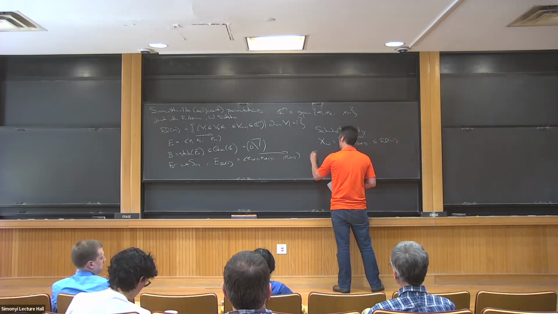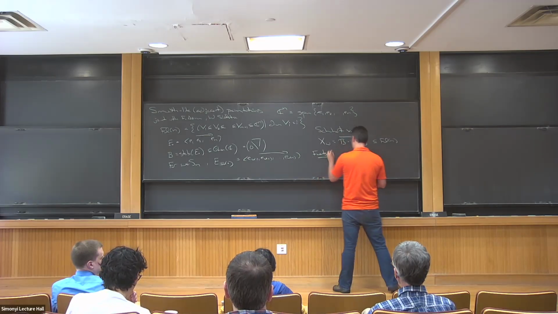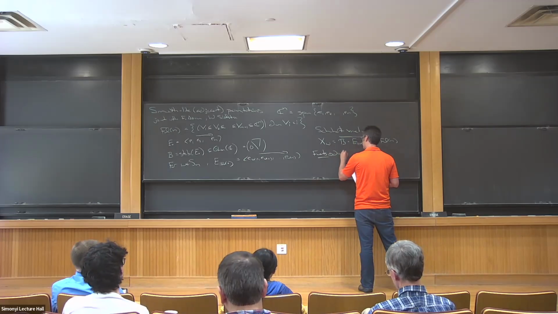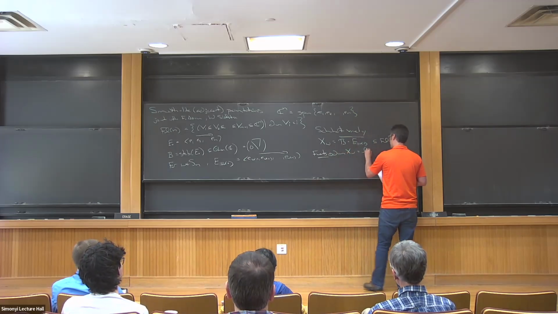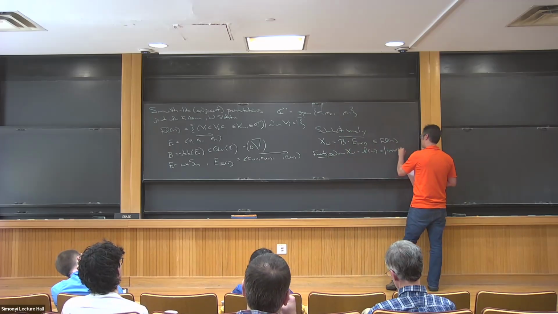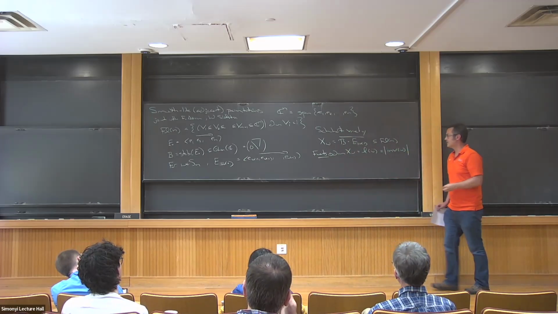Some quick facts about this: fact one, the dimension of X_w is given precisely by the length of the permutation, which is defined to be the number of inversions.